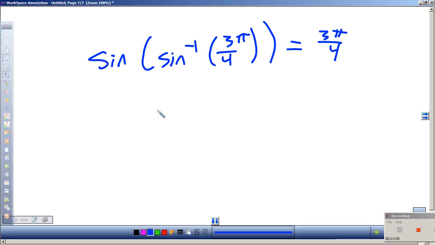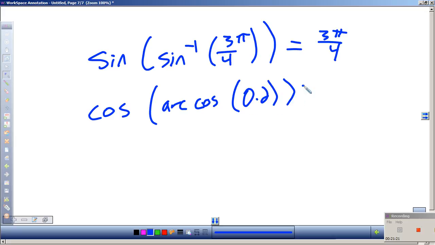How about if I did the cosine of the arc cosine of 5? Undefined. You can't do the arc cosine of 5. Right, cosine of the arc cosine of 0.2. Exactly. Yes. Now, the complicated part. Those are the easy ones.